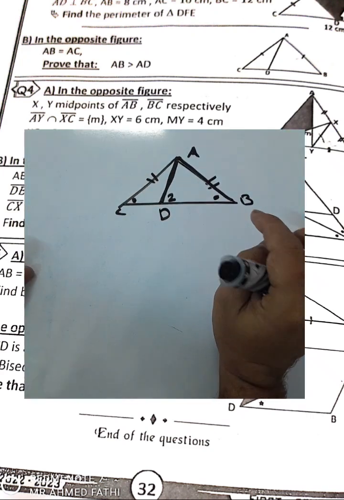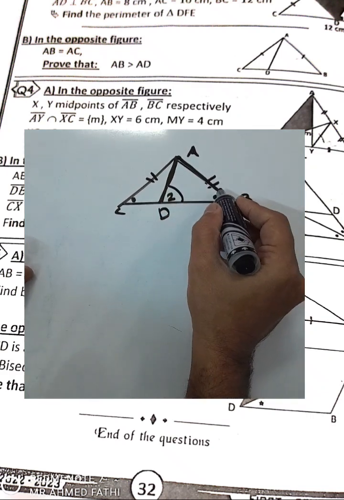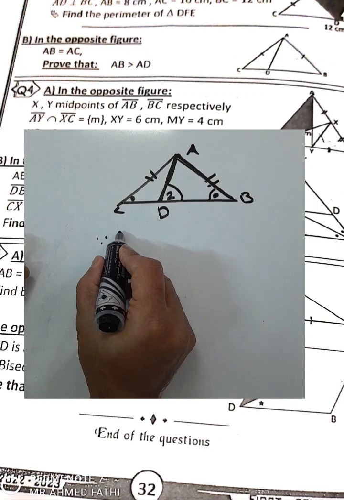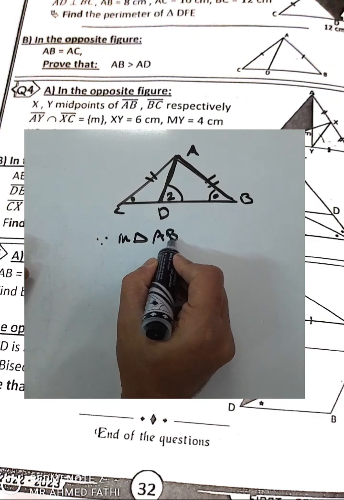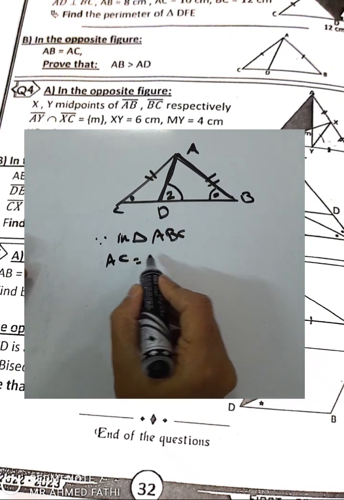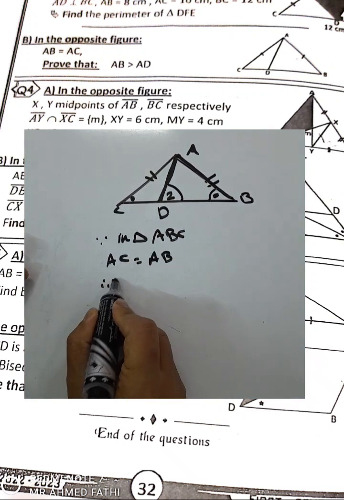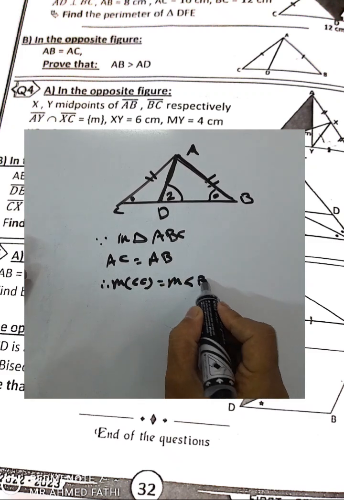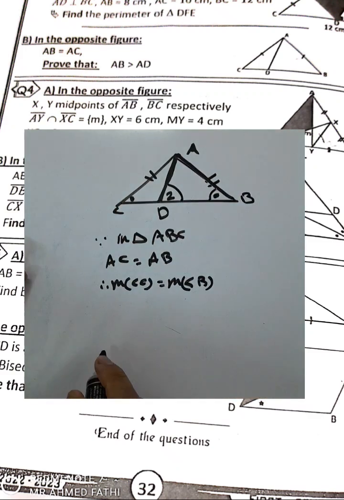Okay, he wants to prove that AB greater than AD. We must prove that measure of angle 2 is greater than measure of angle B. Then such that in triangle ABC we have AB equal AC. Then measure of angle C equals measure of angle B, the base angles equal.